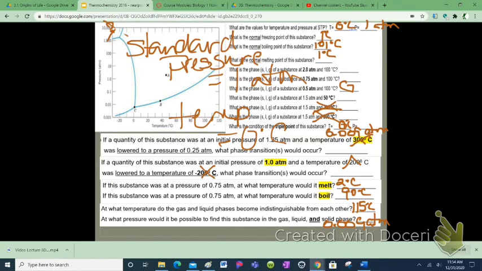All you do is draw a line. If I'm asking for pressure, you go to 1 atmosphere, draw a line all the way across. Where you see the solid and liquid line, that's going to be melting and freezing. Where you see the liquid and gaseous line, that's boiling and condensation. If I told you I was at standard temperature, then you find the standard temperature, go straight up, and based on the standard temperature, you would answer those questions, okay?